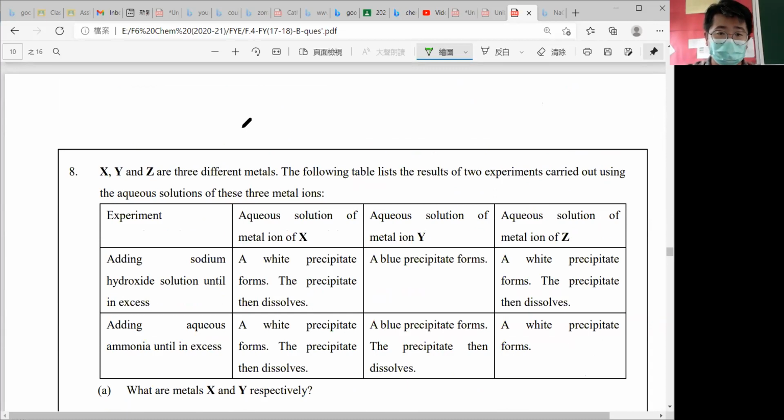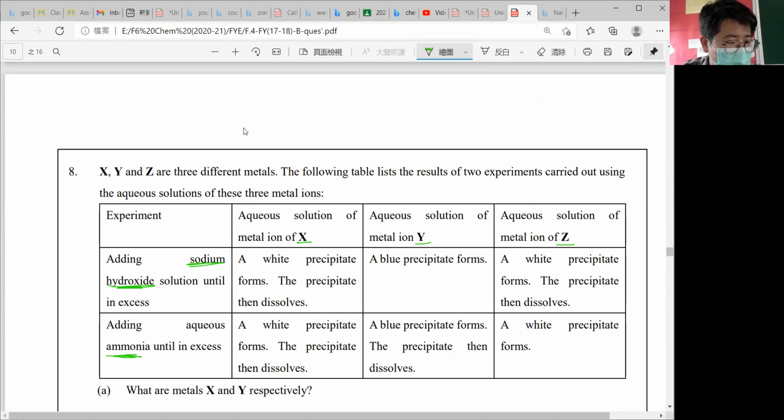So you have a solution of XYZ salts added with different types of alkaline. One is NaOH, the other one is ammonia, dropped in until in excess.